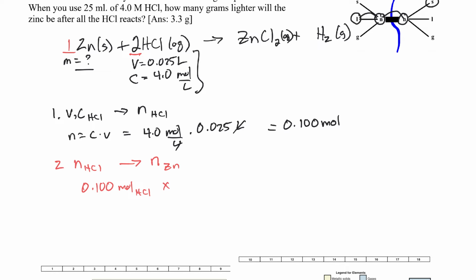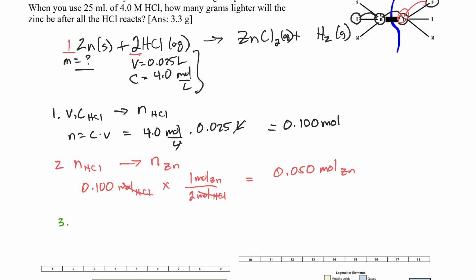Now I want to go to zinc, so 1 mole of zinc is used up for every 2 moles of HCl. So divide that by 2, it'll be 0.050 moles of zinc. The moles of HCl cancel. So I'm here now. Last step to go up to there.